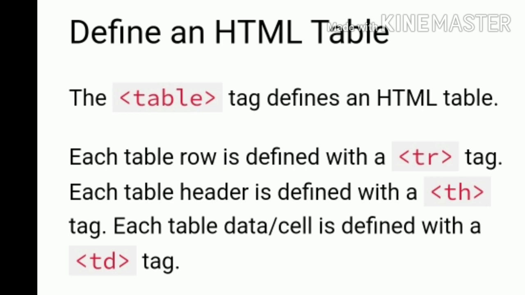Cell padding and cell spacing attributes. There are two attributes called cell padding and cell spacing, which you will use to adjust the white space in your table cells.